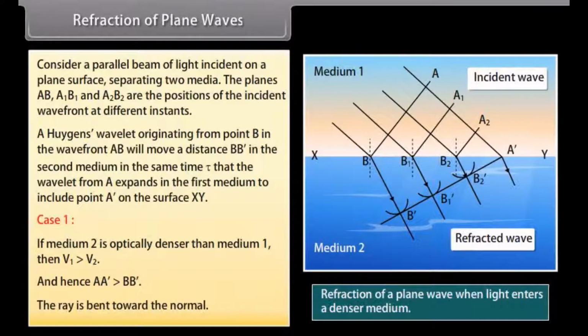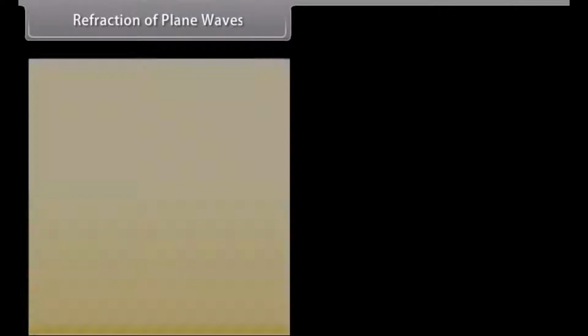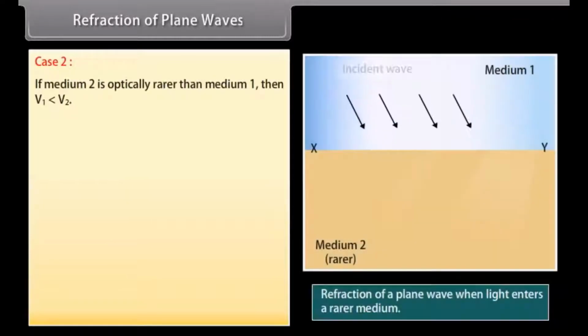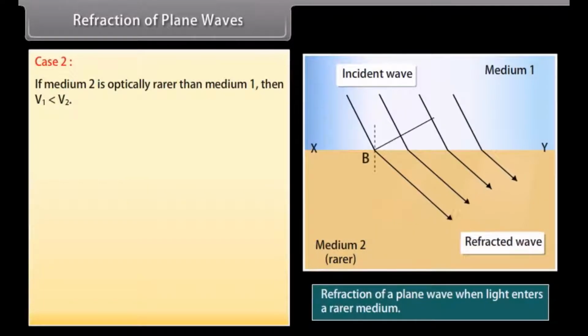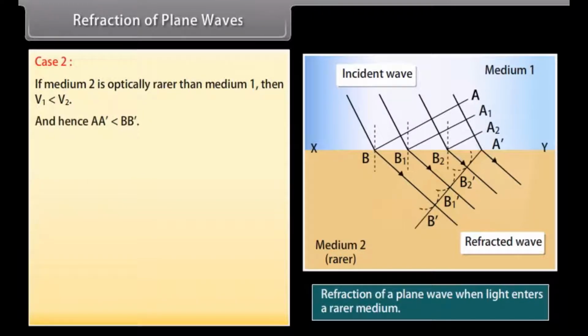The ray is bent towards the normal. Case 2. If medium 2 is optically rarer than medium 1, then v1 is less than v2 and hence AA' is less than BB'. The ray is bent away from the normal.